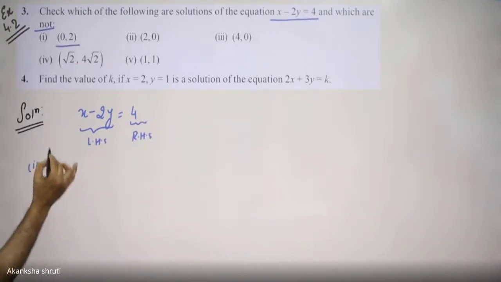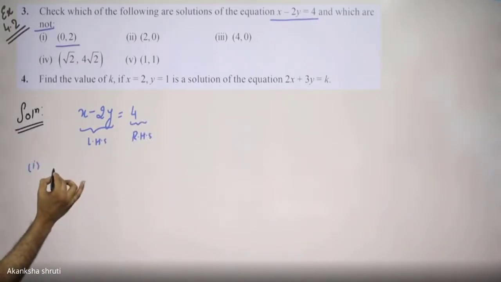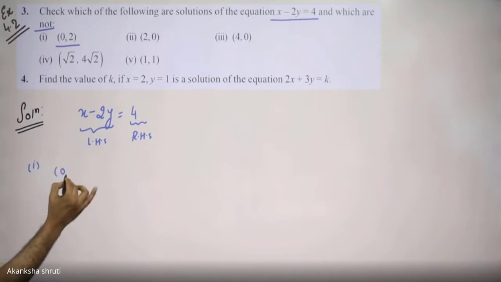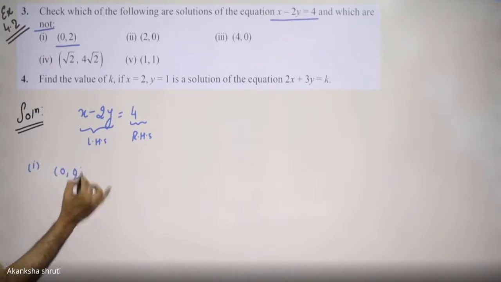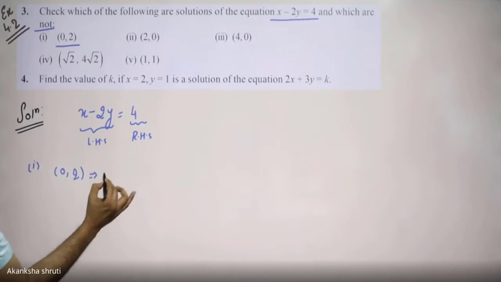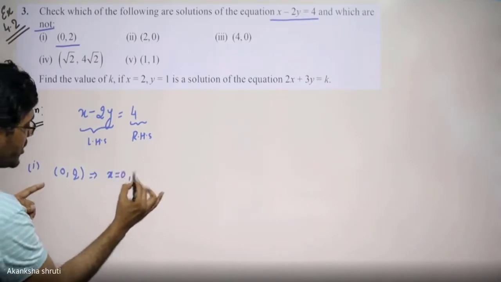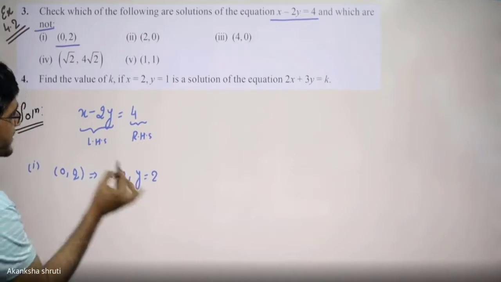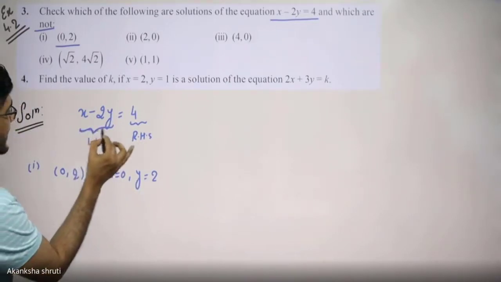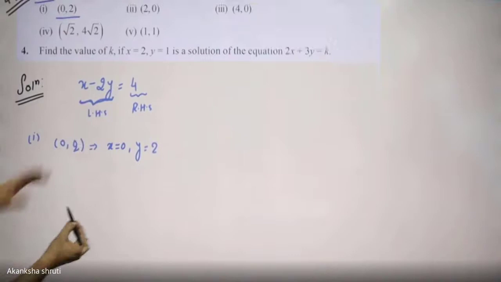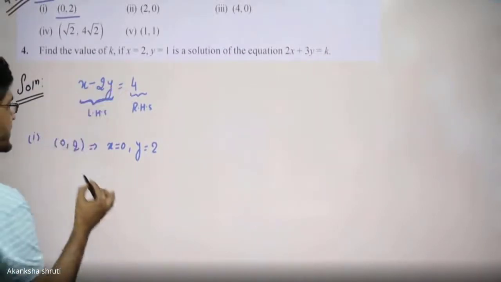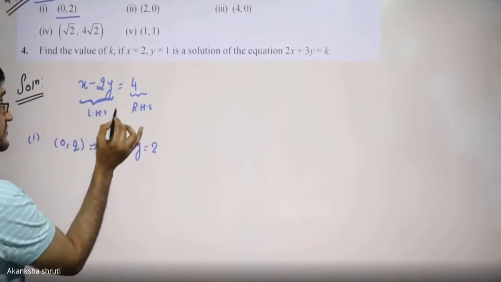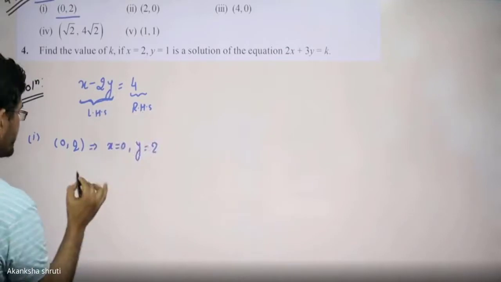So students, for the first part, the given pair is 0, 2. It simply means we have to take x is equal to 0, y is equal to 2, and these values of x and y we need to substitute in the left hand side, then simplify it to see whether we get our right hand side or not.